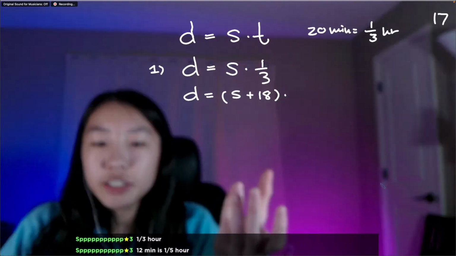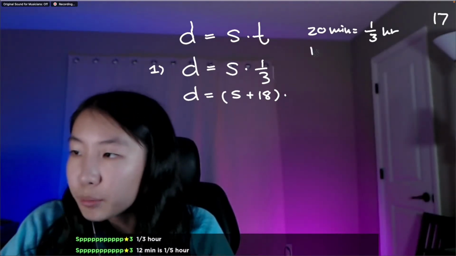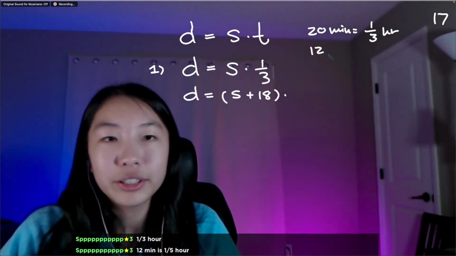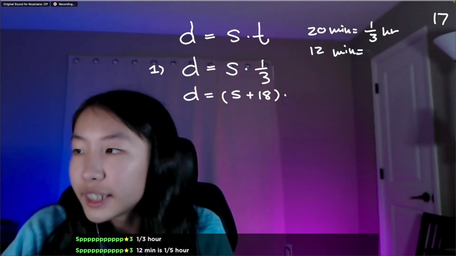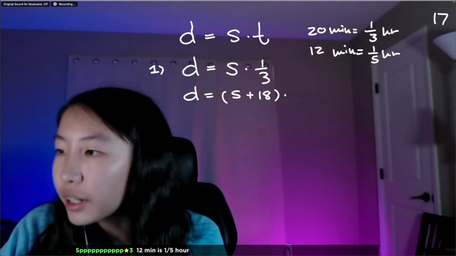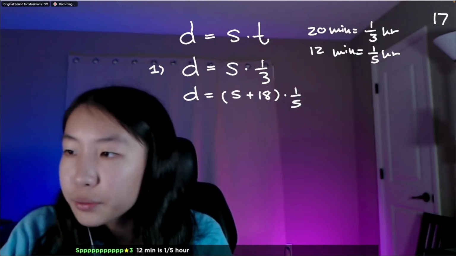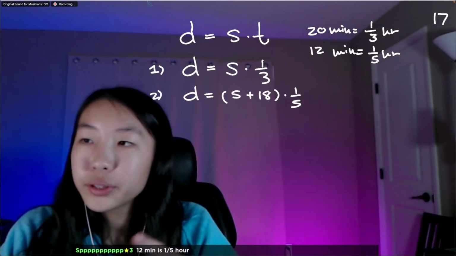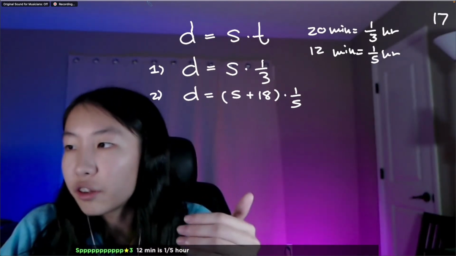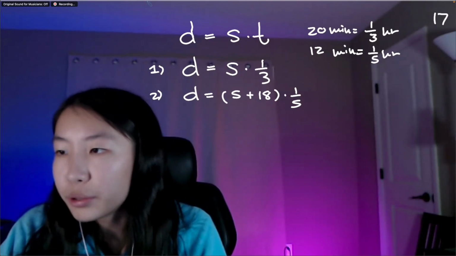And then what is 12 minutes in terms of hours? Exactly. That's going to be 1/5 of an hour, or 12/60. So times 1/5. And so now we have two scenarios, each with an equation. And because we have two variables in those equations, we can solve for what we're looking for.